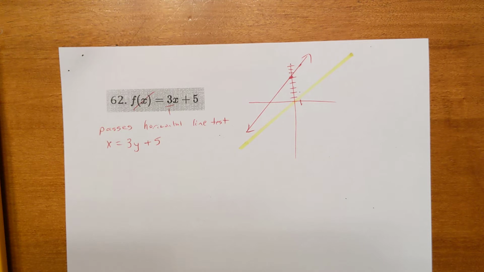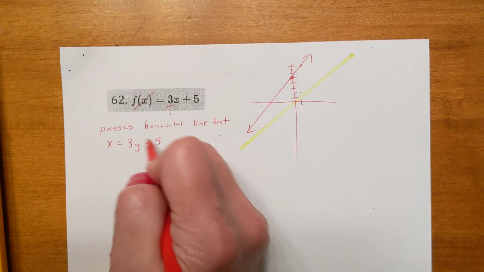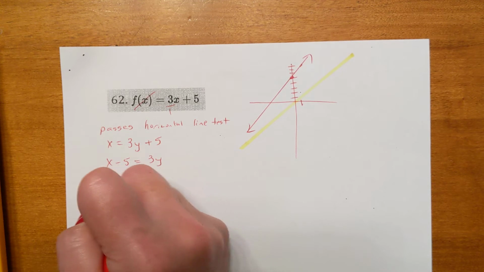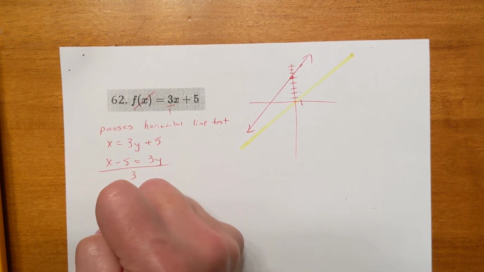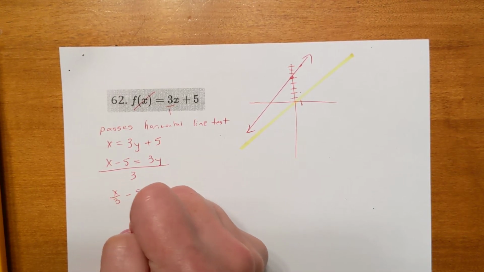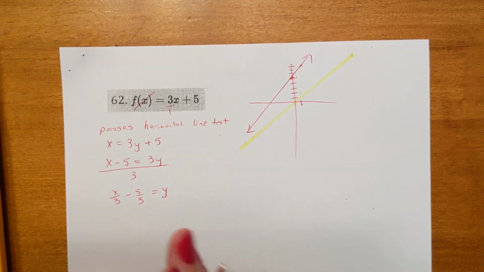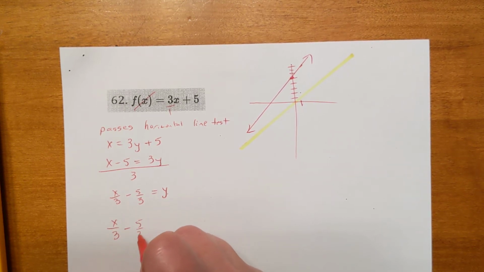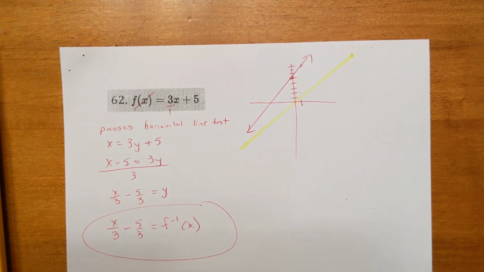Again, that's steps 2 and 3: switch the x and the y, which we just did, and now solve for y. Move the 5 over, so it's minus 5. Divide everybody by 3, which gives x over 3 minus 5/3 equals y. To make it look fancy, change the y to f to the negative 1. So f inverse of x is equal to x over 3 minus 5/3.